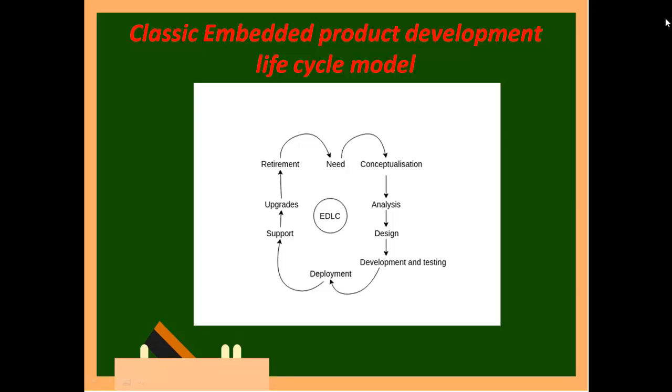Then go for upgradation. If you are identifying that some problem is occurring, try to give a solution for that permanently by making small corrections in your product. Then finally comes retirement. See, I will not sit and sell only one product over a long time, then I will lose my customer. So what I will do, I will slightly change and resell, like what they do in AC and all.